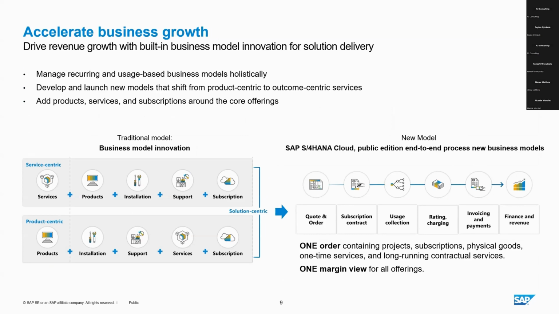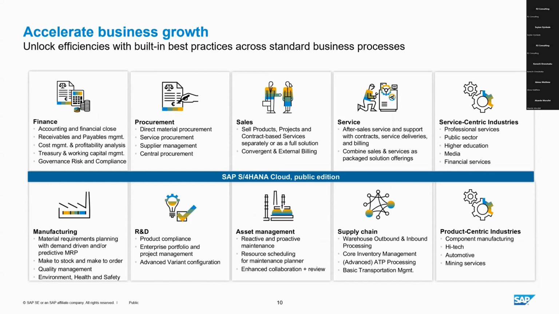Now, if you look at the business scope covered by SAP, we have finance, procurement, sales, service-centric industry, manufacturing, R&D, asset management, supply chain, product-centric industries.